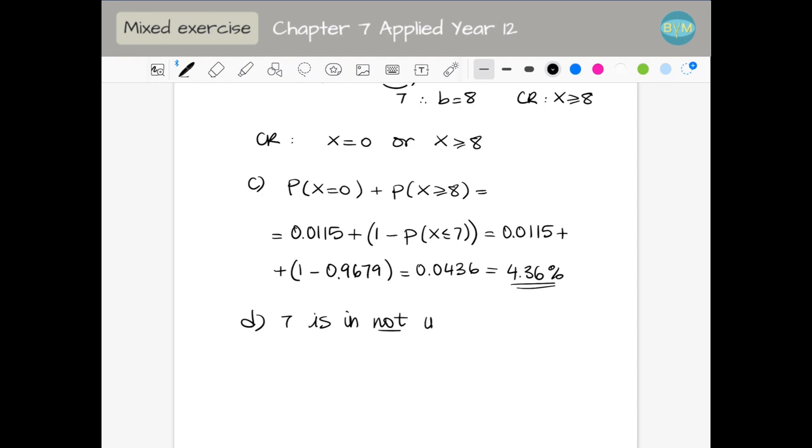Therefore, there is not enough evidence to reject, or to support his claim.